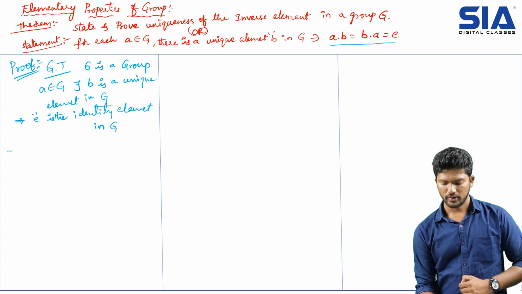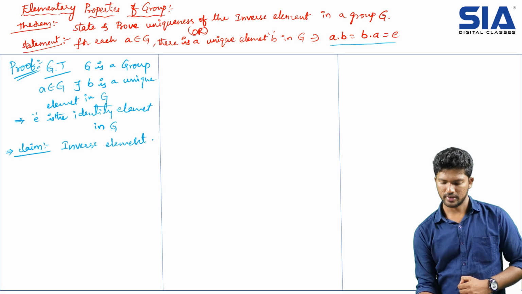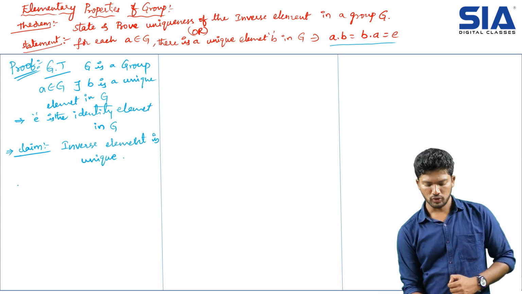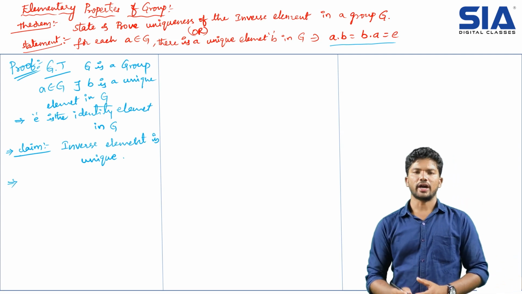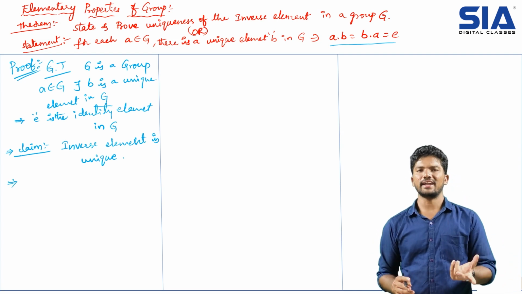Now we have to prove the claim that the inverse element is unique. To prove this, I am taking two individual inverses of one element.